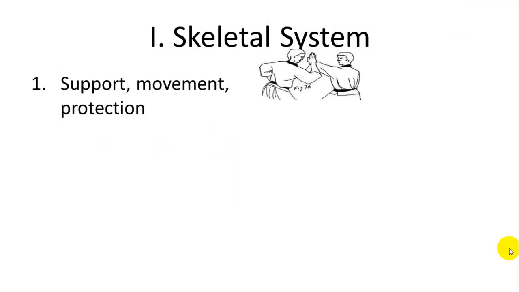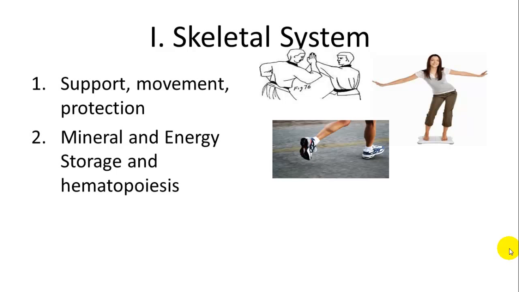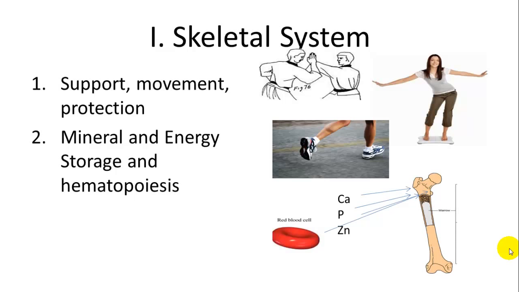So the main functions of our skeletal system are first support, movement, and protection. Of course, it's not independently able to do that. There is also a place for mineral and energy storage. So you have fat, which you can see in the yellow bone marrow.